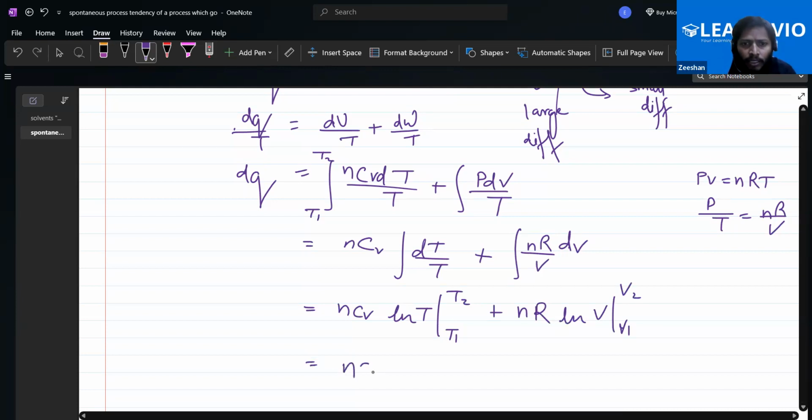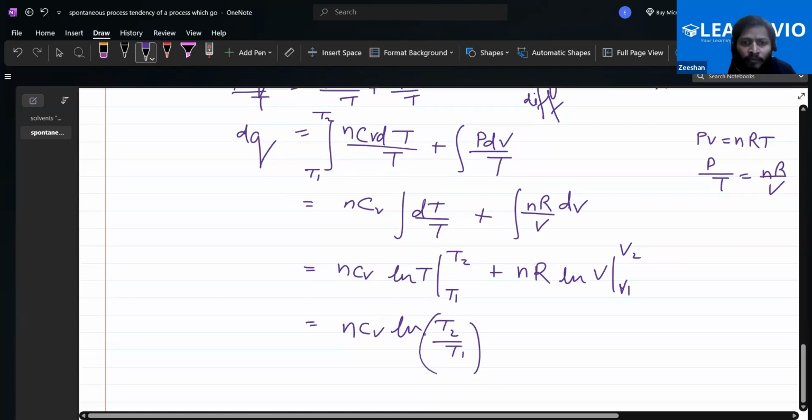So finally we will get nCv ln T2 upon T1. Actually we will get ln T2 minus ln T1. By mathematical calculation we can write ln T2 upon T1. You remember ln A minus ln B is equal to ln A by B. This is a mathematical thing, you don't have to worry.